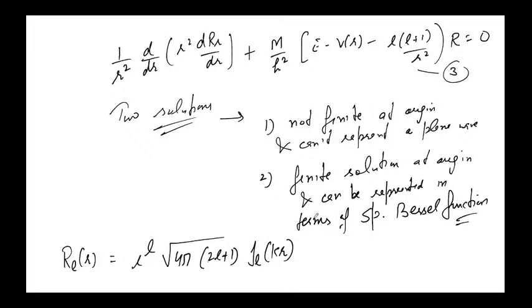This j_L is the spherical Bessel function, and its asymptotic form depends upon the orbital angular momentum. I will not go into detail because you have already studied Bessel functions and Legendre polynomials in your mathematical physics.